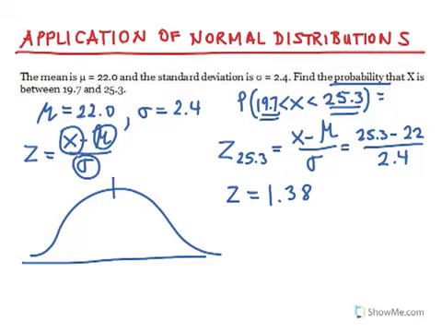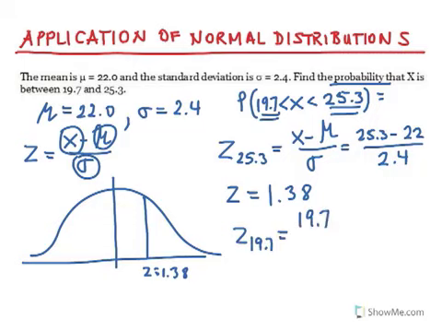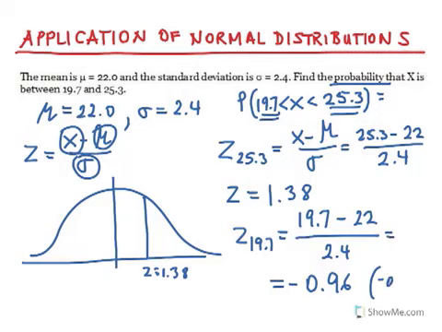So z equals 1.38 will be somewhere over here. Let's find the z of 19.7. So now it's going to be 19.7, the point that we want to find, minus the mu of 22 over standard deviation of 2.4. And that z will be equal to minus 0.96. Actually, that is minus 0.958, but we round, and since 8 is closer to 6 than 5, then we round up to 6.